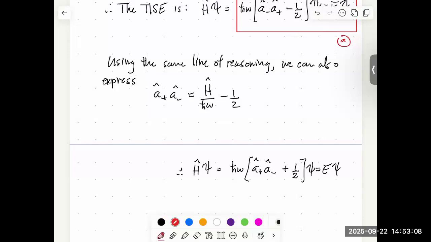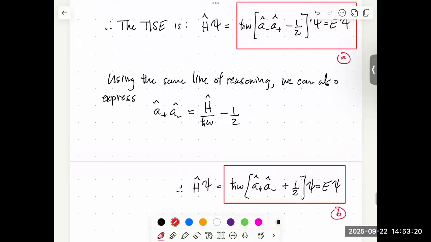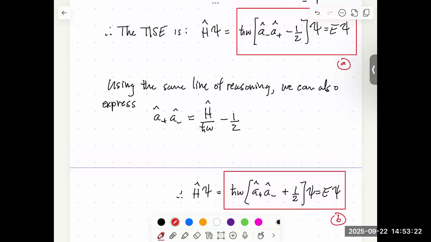And so this is a second version of our time-independent Schrodinger equation. Of course, the right-hand sides are identical, so the left-hand sides have to be equivalent.